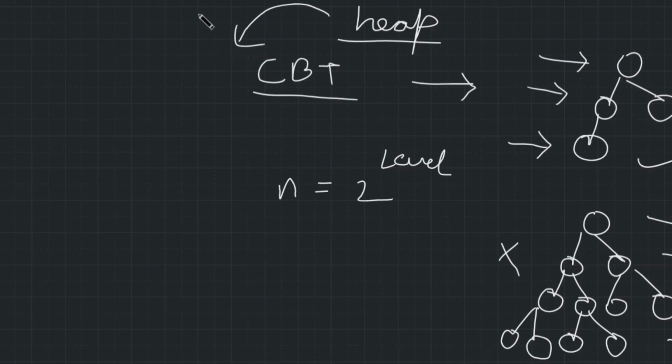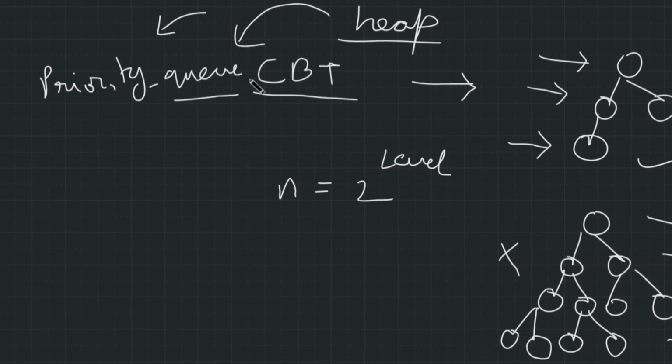Now, what are the applications of heap? The main application of heap is to make a priority queue. We are aware of the queue data structure. Similarly, in a priority queue, there will be data having some priority.